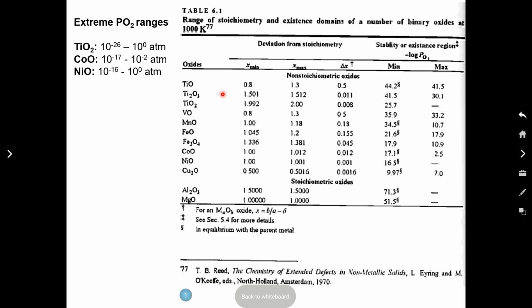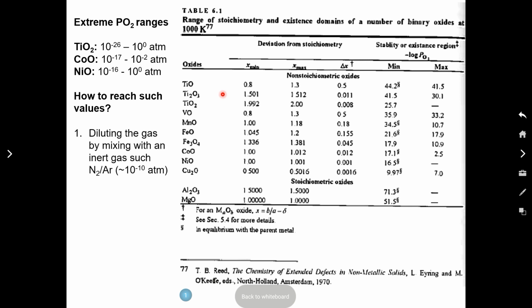So even if you increase X, you maintain that phase with different levels of non-stoichiometry. So you can see that we're talking about creating a range of PO2.